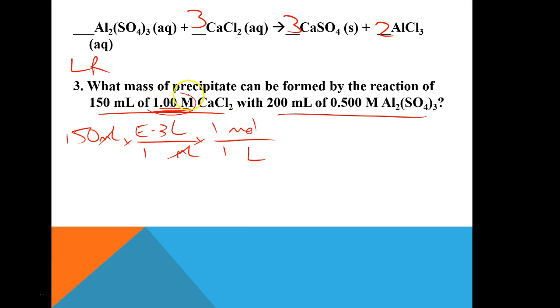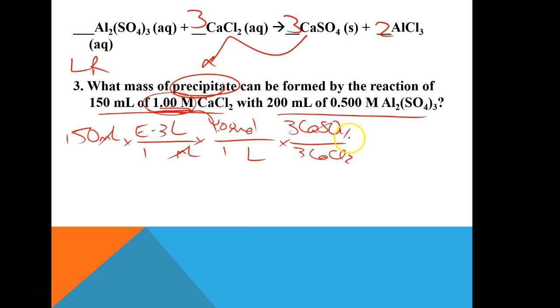And in this case, it is a 1, but that's because of the 1.00. I'll put that in there. And then it takes 3 calcium chlorides to make 3 calcium sulfates, because again, we're looking for our precipitate, which is this one. And 1 mole, and it was 136.2 from the previous slide. Do the exact same thing, 200 milliliters.